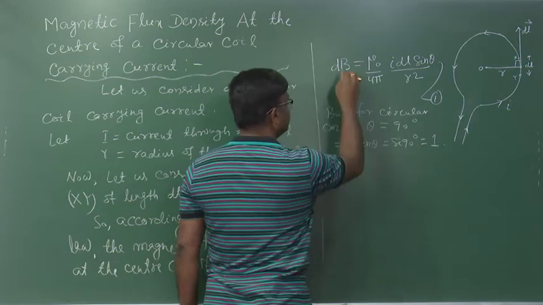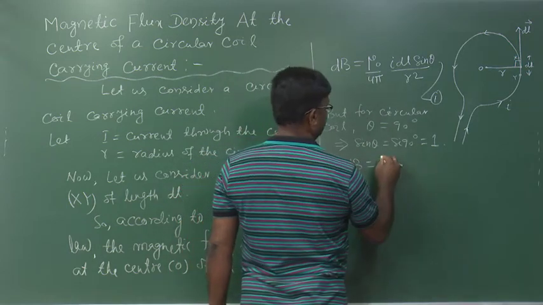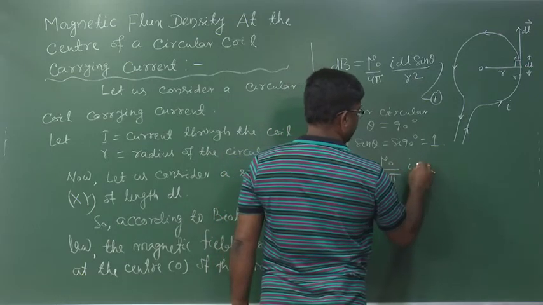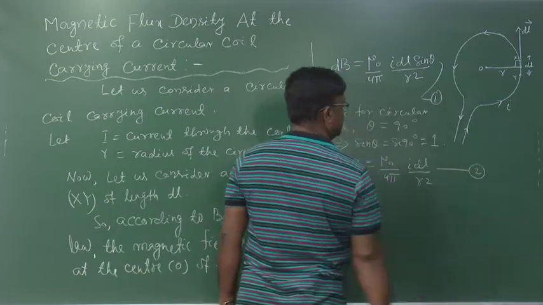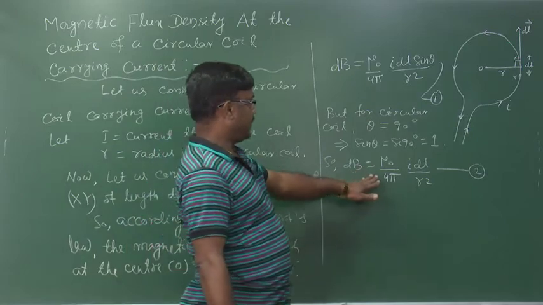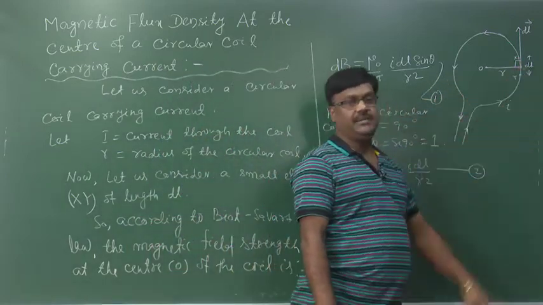So, dB equal to mu 0 by 4 pi I dl by r square. This is equation 2. Now, it is the expression for the field at the center O due to the element.